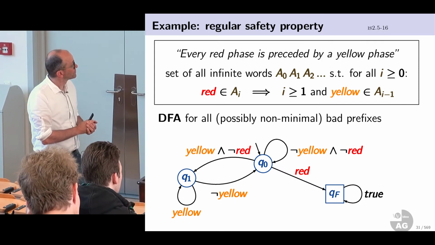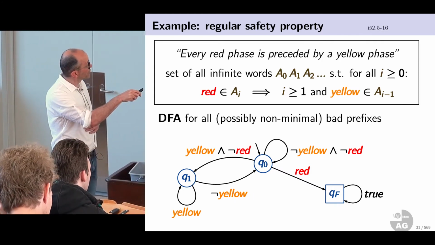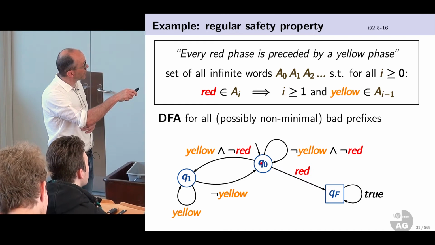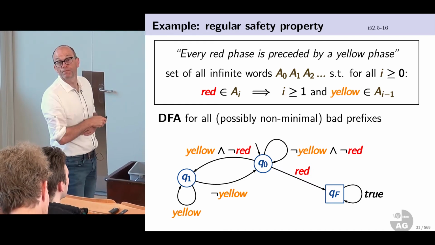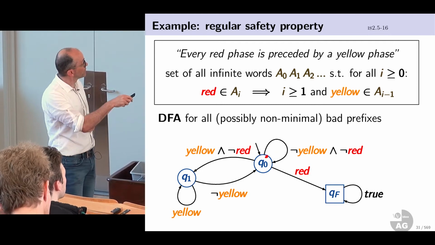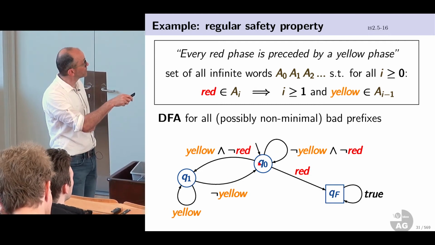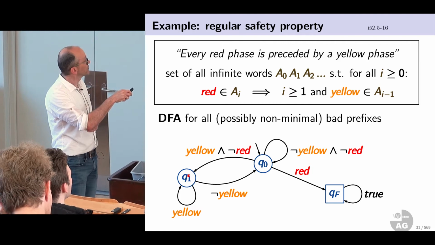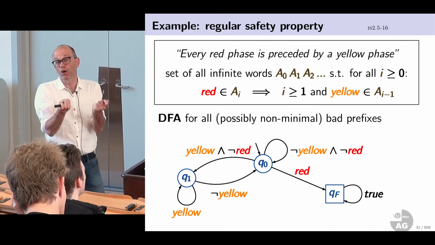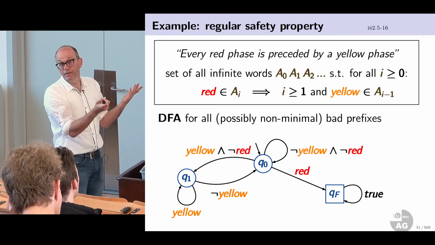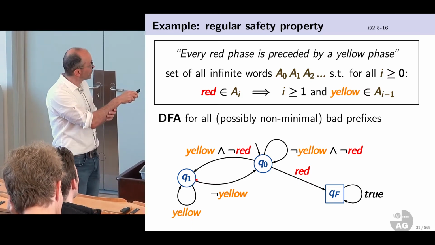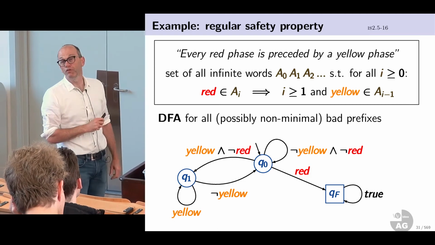Good. So you start in this input state. If the next input symbol is something like the empty set, you take the self loop. Yeah. If the next input symbol is yellow but not red, you move to the left state. So that means you just have seen a yellow light. If you then see another yellow light, you stay there. But if you see something which is not yellow, then you move back to Q0.